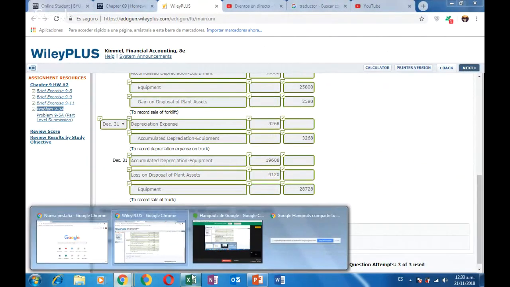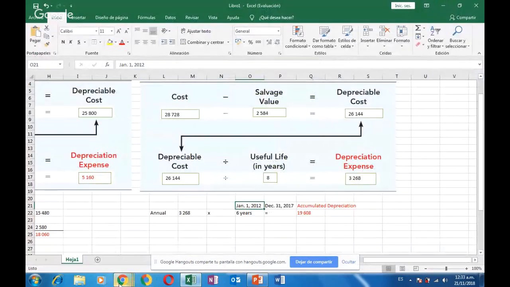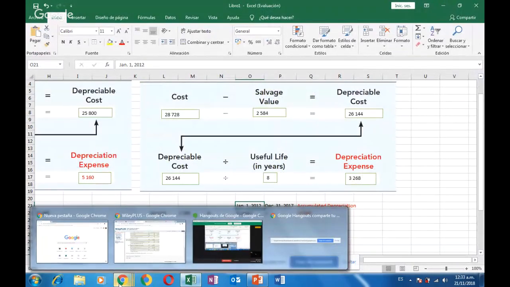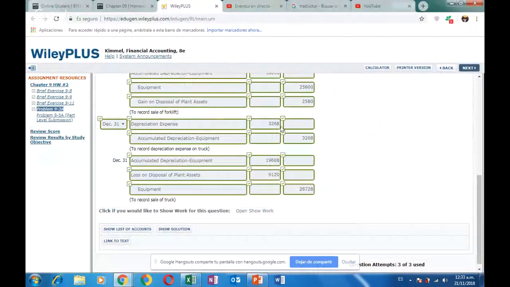We will record this: we will debit depreciation expense, and we will credit accumulated depreciation, equipment.